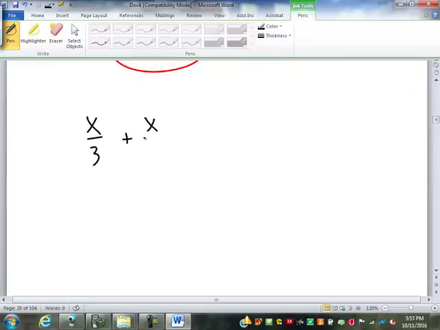x over 3 plus x over 5 equals 8. See what you come up with.